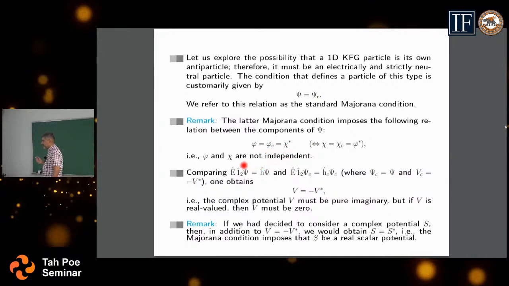You see, if you have phi, chi is phi asterisk. If you have chi, you have phi. So the components of this wave function are not independent because of the Majorana condition. Just because of that.